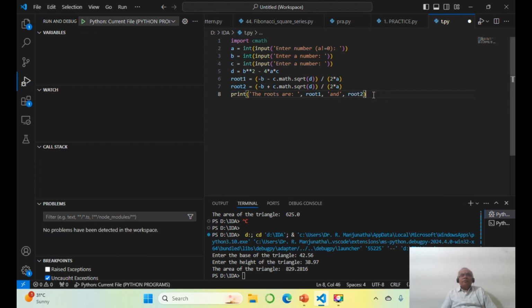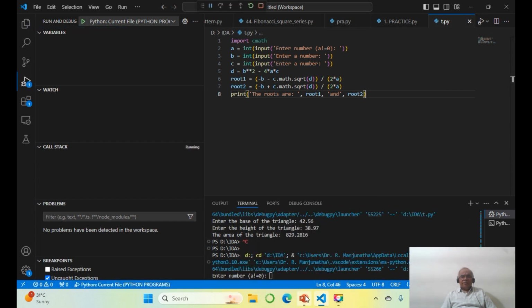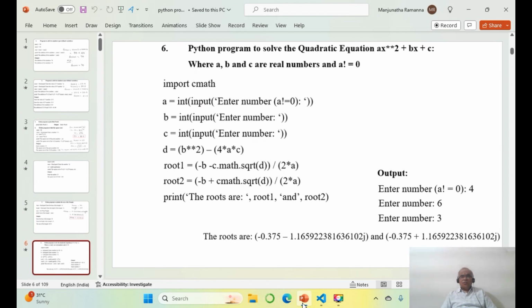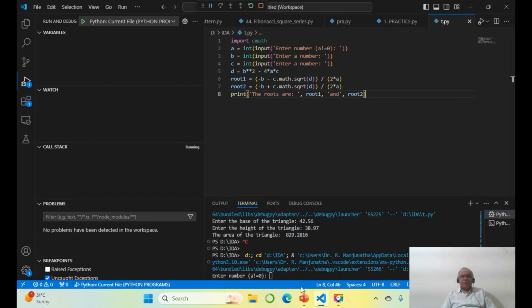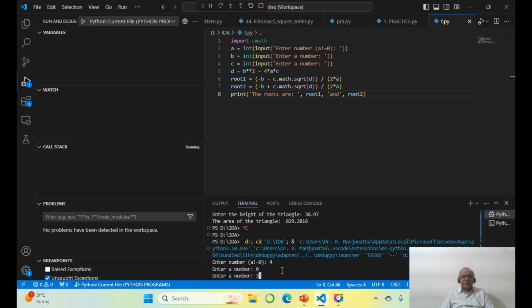Okay. Now we will try to execute. I will type 4, I will write 6, I will write 3.